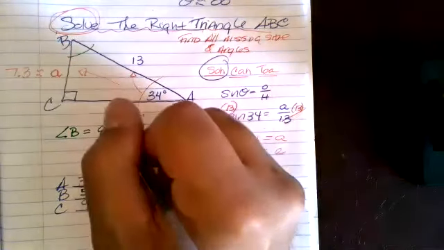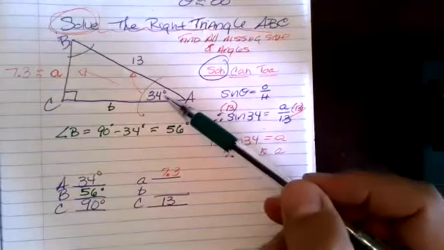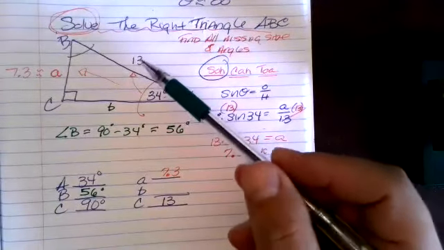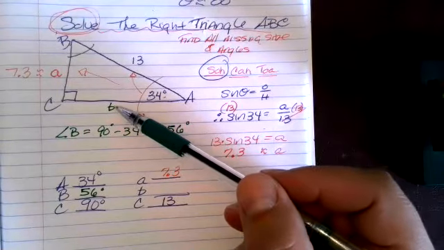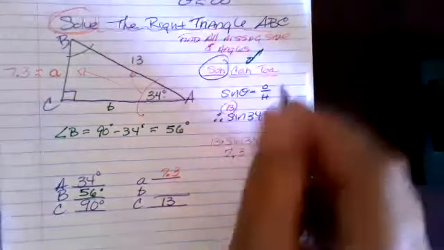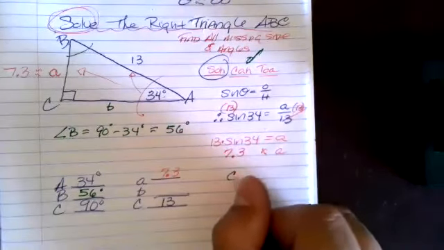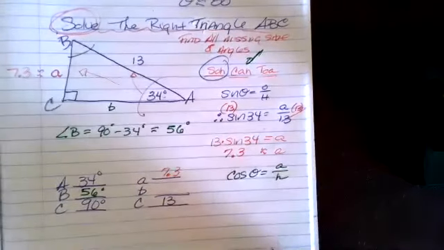In order to find B, I would use my trig functions, right? I'm given 34 degrees, I'm given the hypotenuse, and I'm looking for the adjacent. Adjacent and hypotenuse, that's cosine, right? Cosine of theta is equal to my adjacent over my hypotenuse.